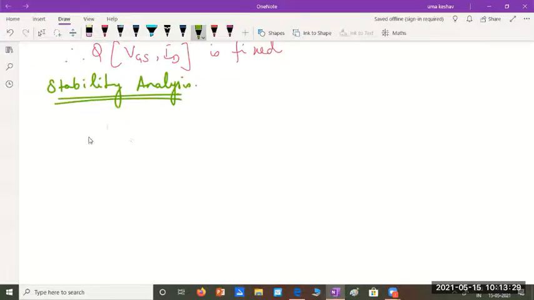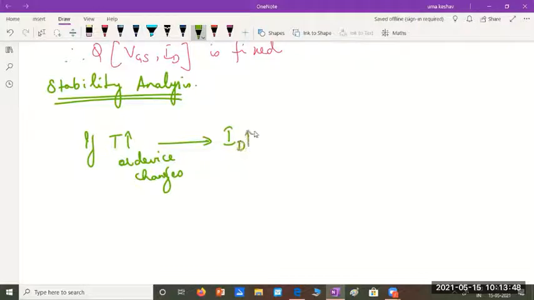So how do we do the stability analysis? If temperature increases or device changes. That means if we replace one device with another, or let's say if temperature increases, what is going to happen? ID will increase. Remember, the drain current depends on temperature, and let's say the device has changed in such a way that the drain current has increased.